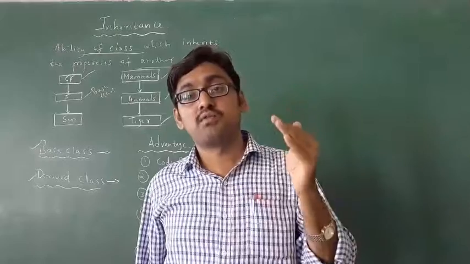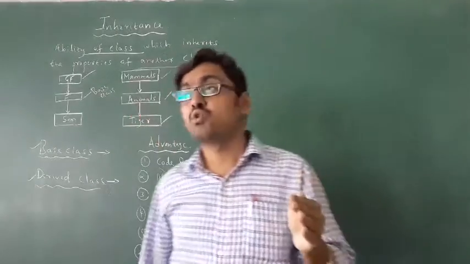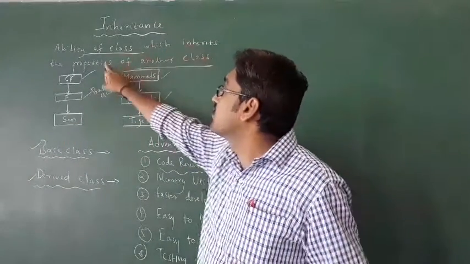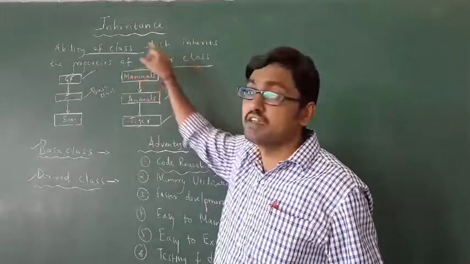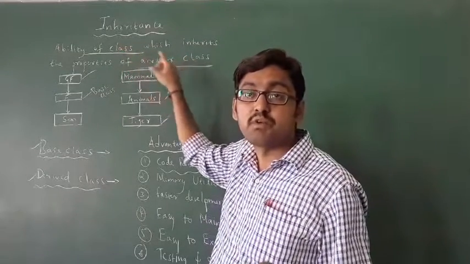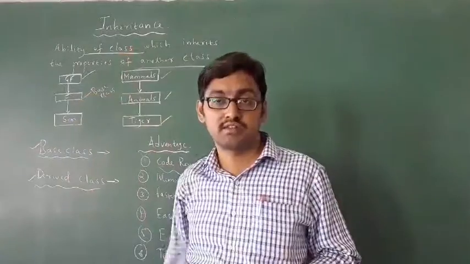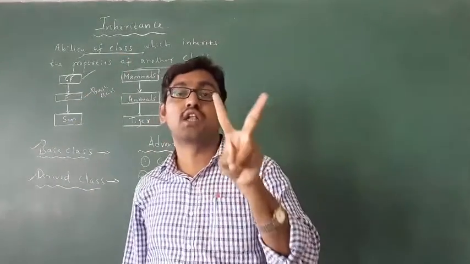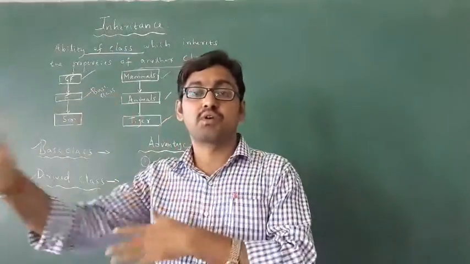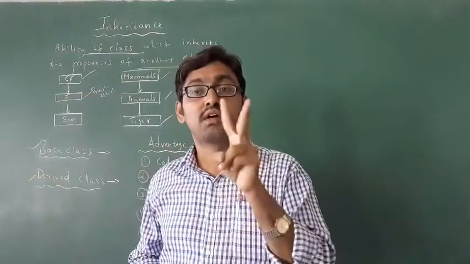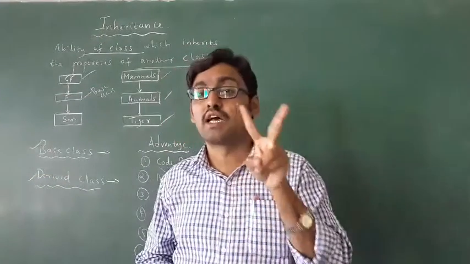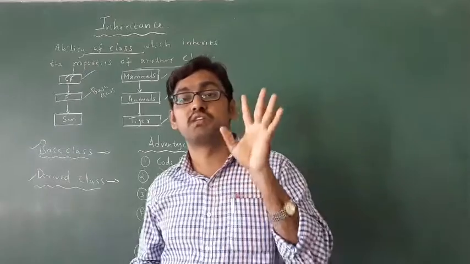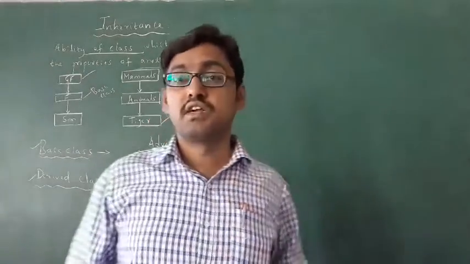Because inheritance means the ability to inherit the properties of another class. The class which provides its properties to the other class is the base class, and the other is the derived class. That's why you have to use two classes.